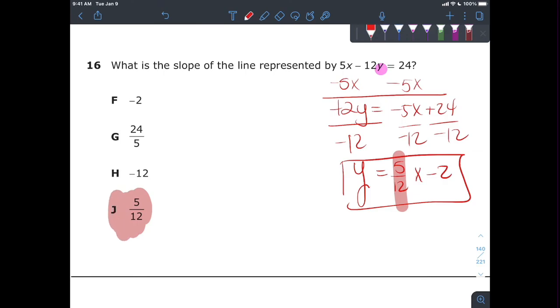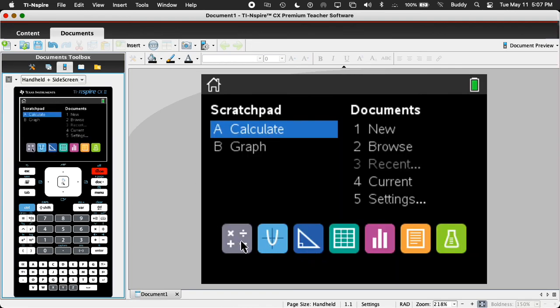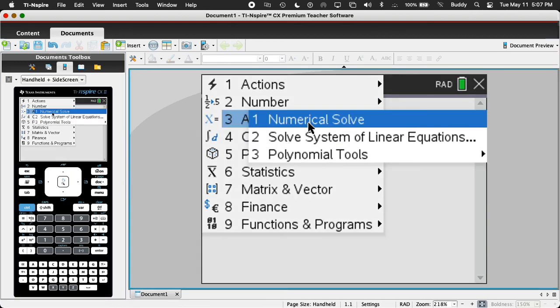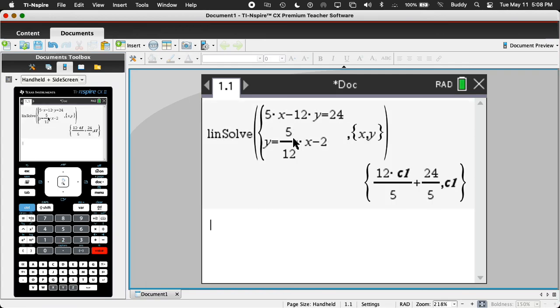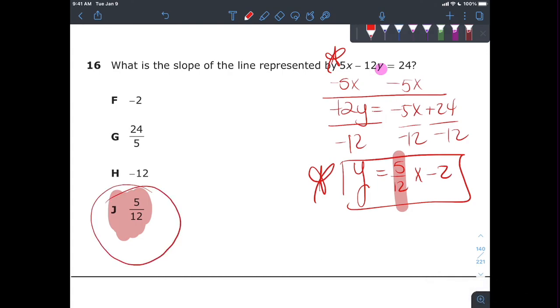Answer choice J. If I wanted to verify this, I could go ahead and type these into a LinSolve, and I should have a C in my answer. And look at that. They are exactly the same. So my correct answer is definitely J.